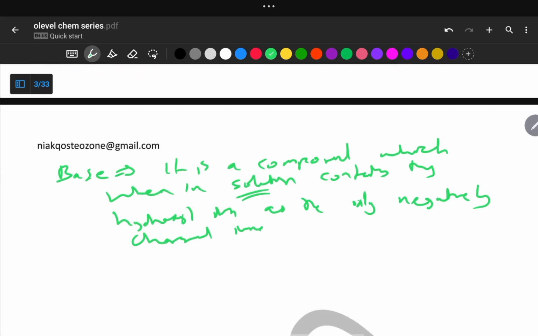So this is the definition of a base. And also a base can be defined as a proton acceptor. So this is the definition of a base, right?